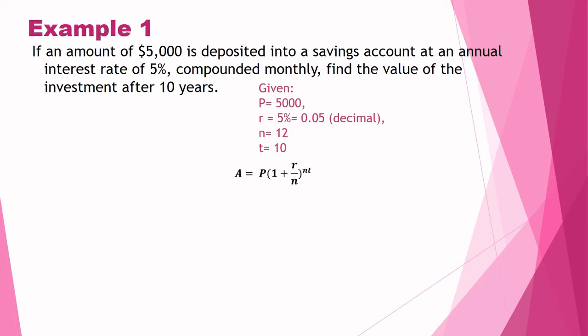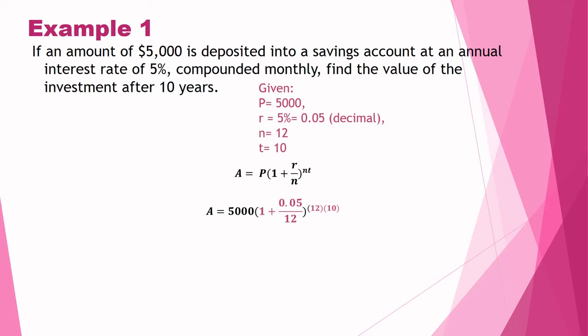So using the formula, A equals P times the quantity 1 plus R over n, to the power of nt, we substitute the given values: P with 5,000, R with 0.05, n with 12, and t with 10.